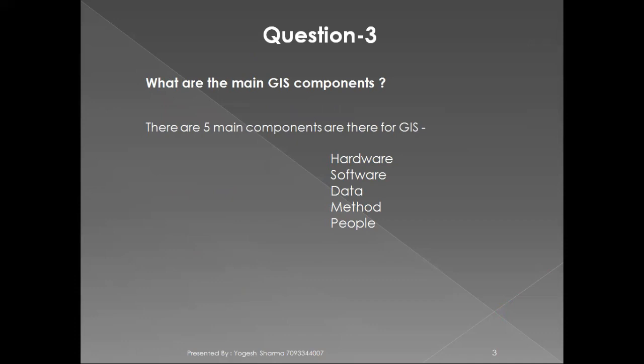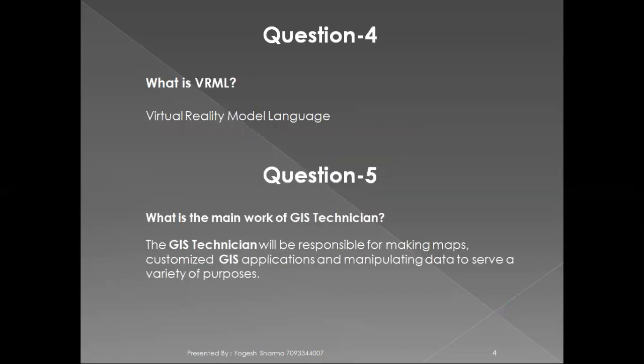If something is related to the computer, there should be hardware and software. Without data, there is nothing. So data is required. For each different project, we require a different method for data capturing. And ultimately, who is capturing the data? The people are capturing the data. So these are the 5 main components of GIS.